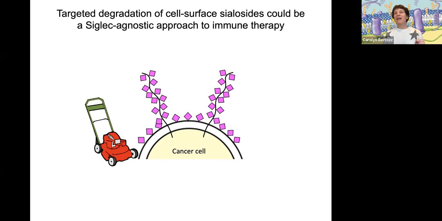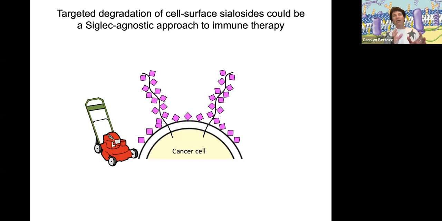But at the end of the day, every member of the CIGL-X family requires the sialic acid residue as an important component of its binding determinant. So we conceived of a therapeutic strategy where we would develop a molecule that functions like a molecular lawnmower. That's the metaphor that we use.